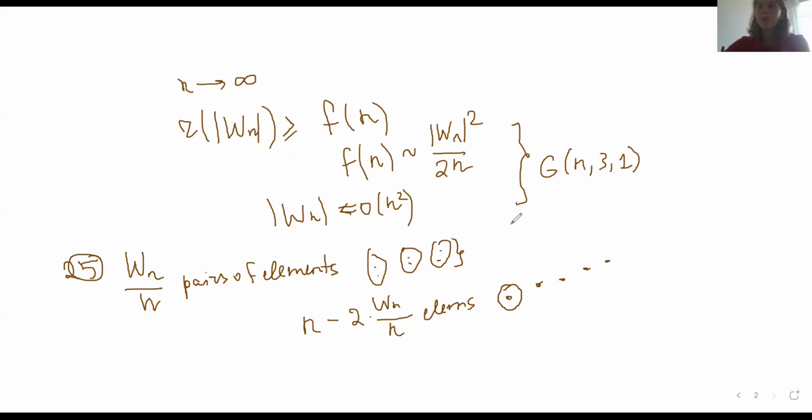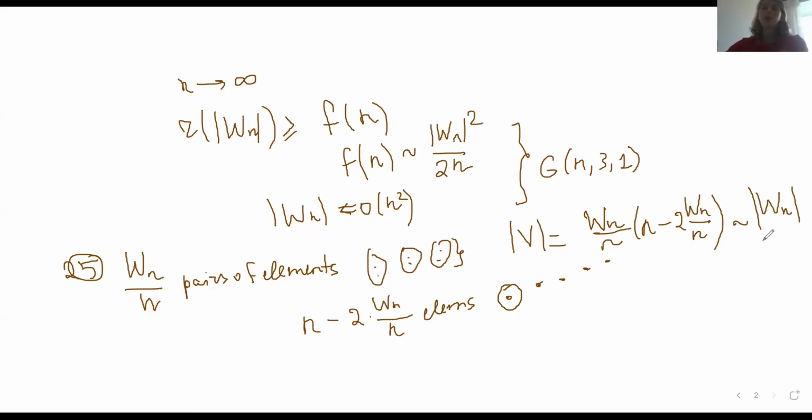So we have the number of vertices is this, and according to the estimation we have, it's asymptotically what we need.